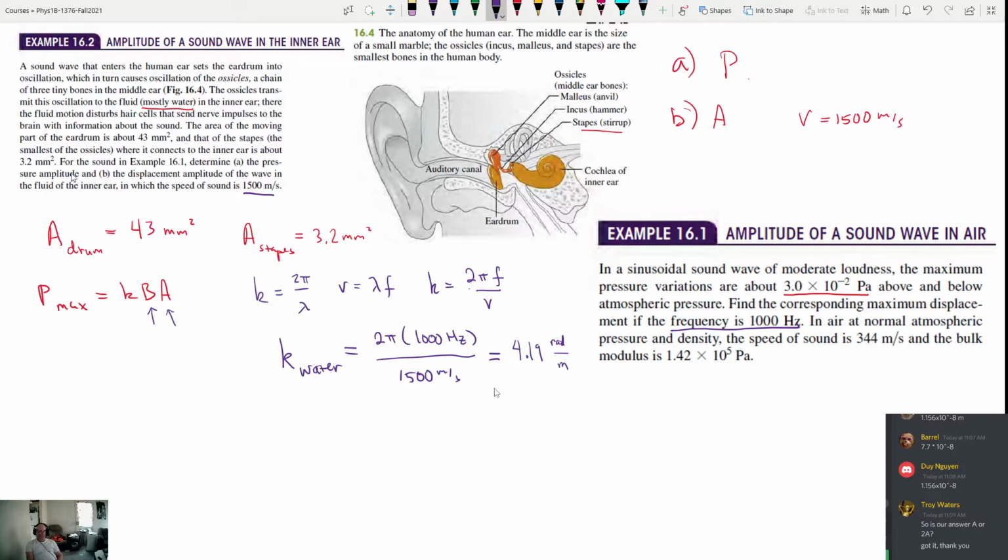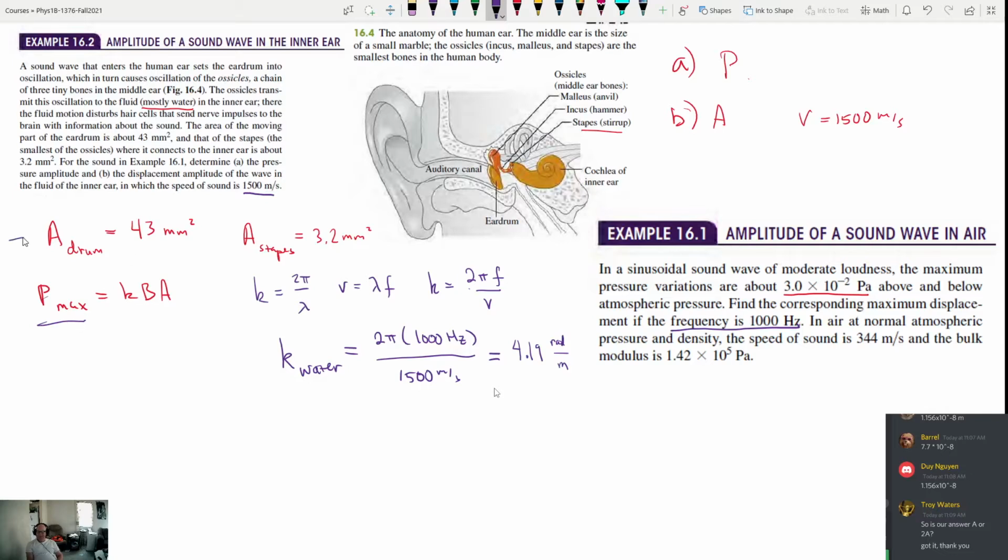And to find the maximum pressure amplitude, I think we also have to find the answer to part B, which is the displacement amplitude of the wave in the fluid of the inner ear. So something is going to be gotten in another way because there's two different things that are unknown here. We can obviously look this one up, that's not a problem. But these two are connected to each other, so there has to be an alternative way to find one of them. It's probably going to be pressure, because that's the part they ask first. It doesn't have to be. But once we find the pressure, we can use this k to find what the amplitude needs to be.